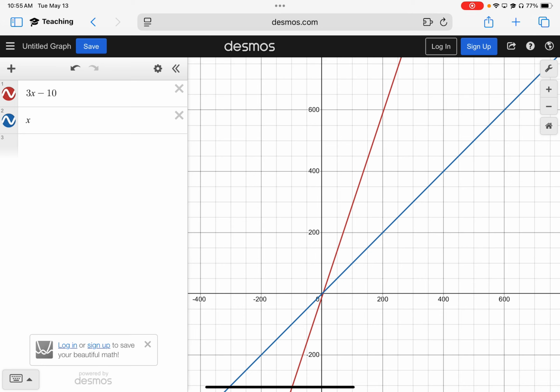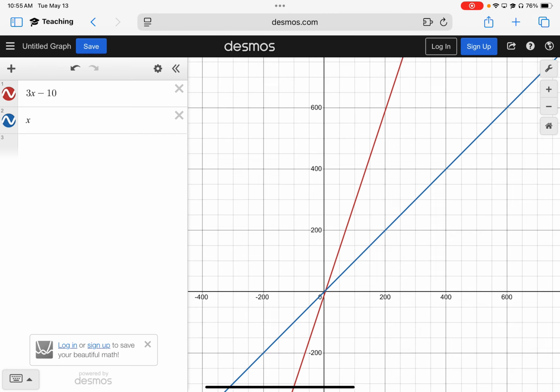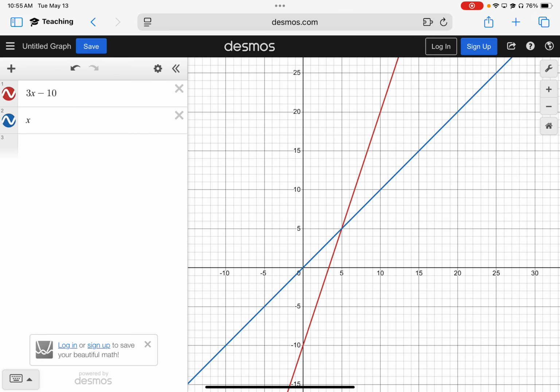Looking at the graphs directly, we can clearly see that 3x minus 10 is greater than... okay, I'm confusing myself with the x's versus the n's, so as a convention, establishing this right now: I'm just going to use x when Desmos is involved. We can see that 3x minus 10 is greater than x after a certain point, somewhere like 5. And that would go against the definition of big O. So it looks like 3x minus 10 is not in big O of x.